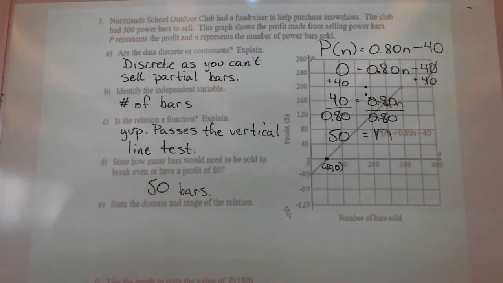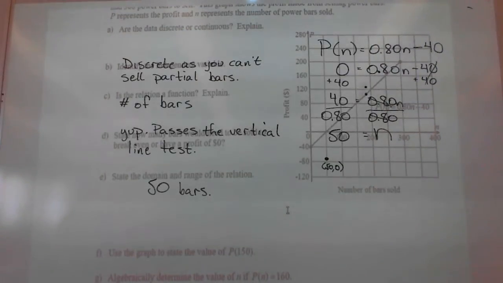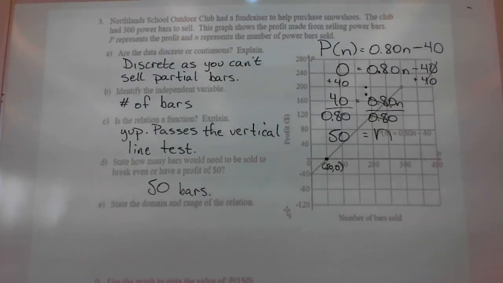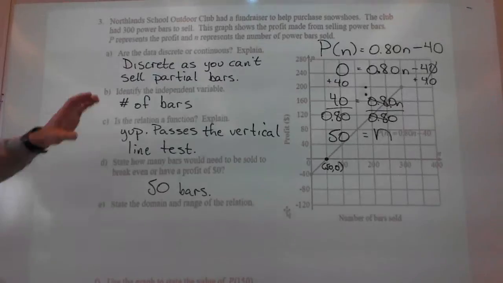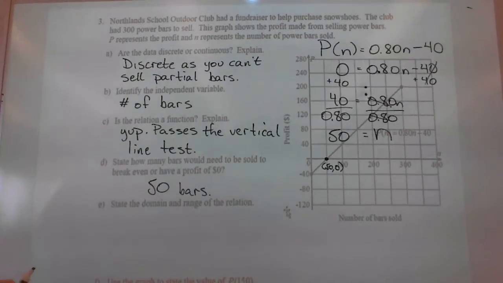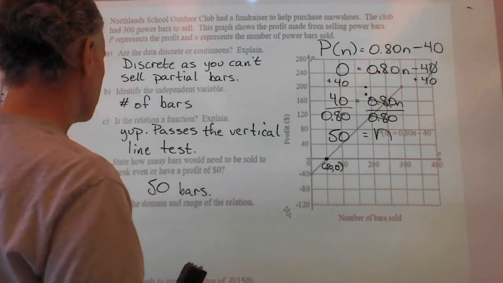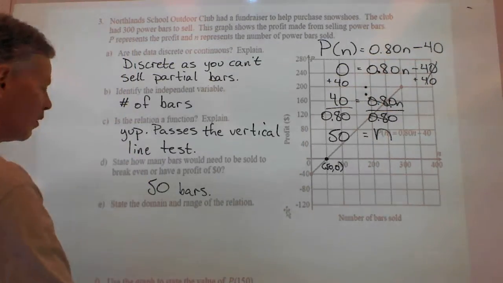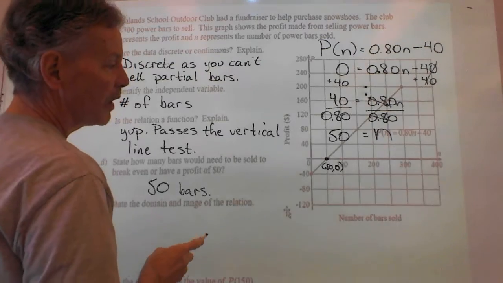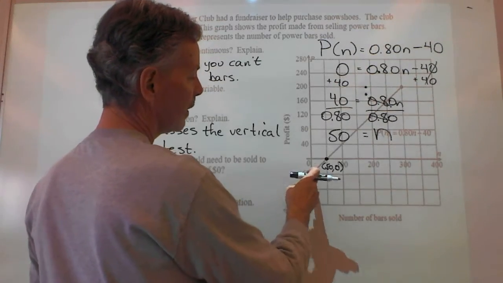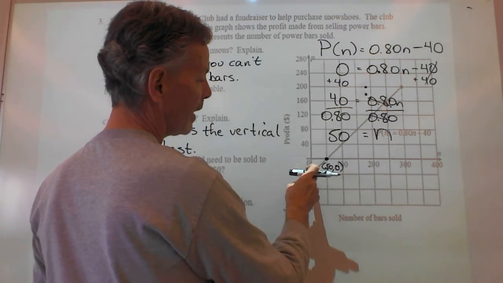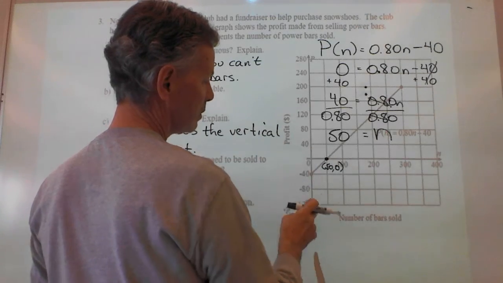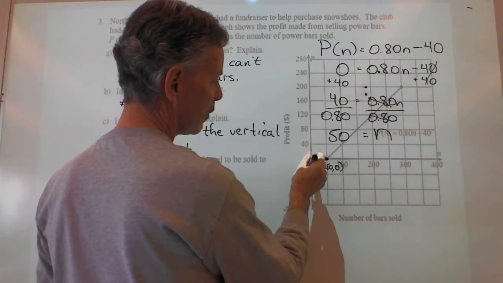State the domain and range. Remember, the domain and range, you have to refer back to this, okay? And so, well, we'll just use our graph. We'll use our graph to state the domain and range, and according to our graph, you go from an absolute low for the domain of 0, right?